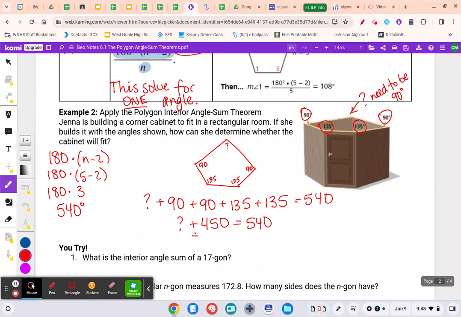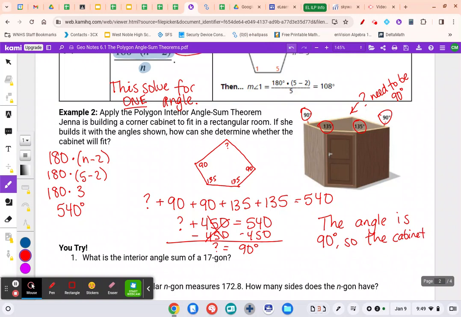And then we finish solving for the question mark angle. And we get that it does indeed equal 90 degrees. So the angle is 90 degrees. So the cabinet will fit in the corner.